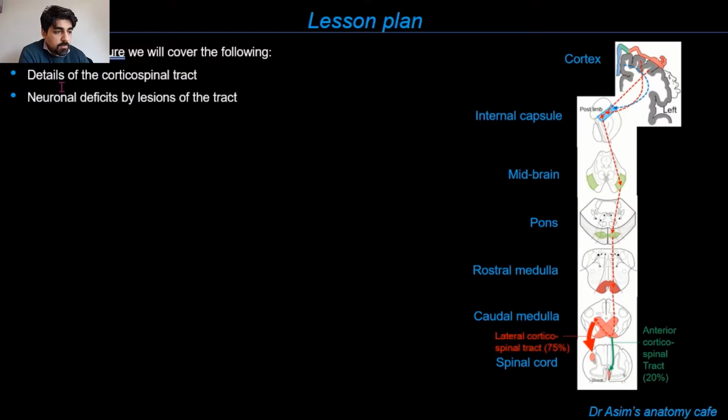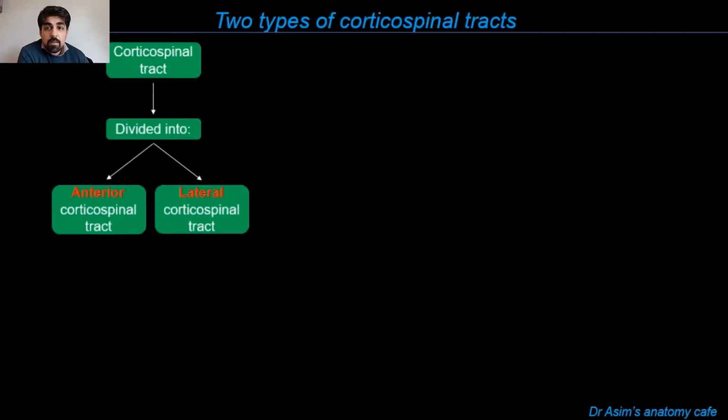and we'll talk about the various neuronal deficits which are produced by the lesions which could occur anywhere along the course of the corticospinal tract. Now, broadly speaking, the corticospinal tract pathway can be divided into two major types. We've got an anterior corticospinal tract, and then we've got a lateral corticospinal tract.